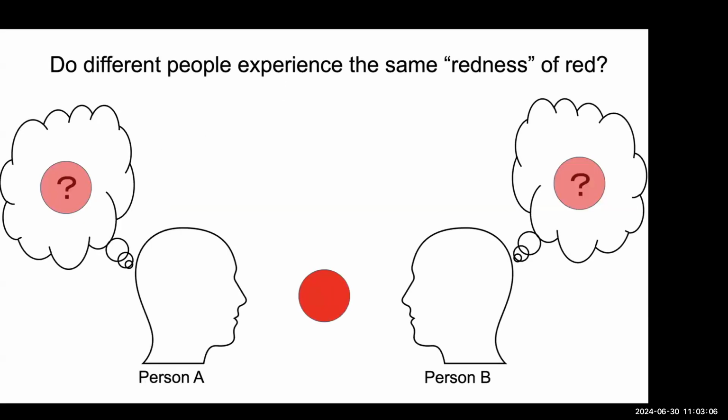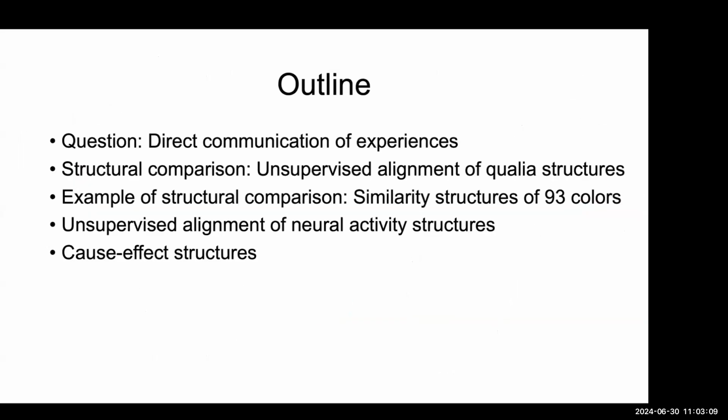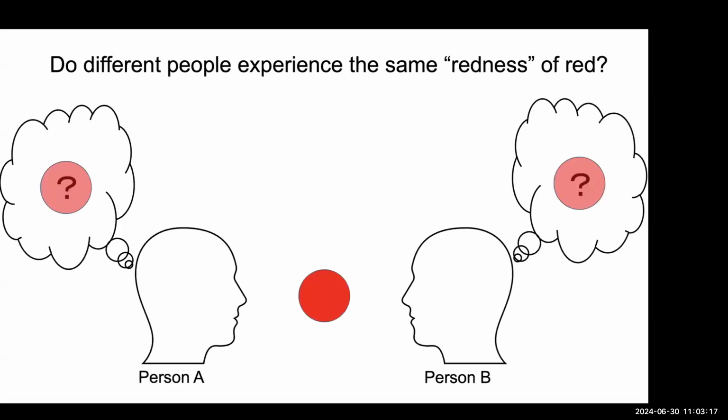Okay, the first part is the structural comparison of Qualia structures. The motivation comes from this ancient philosophical problem: do different people experience the same redness of red?